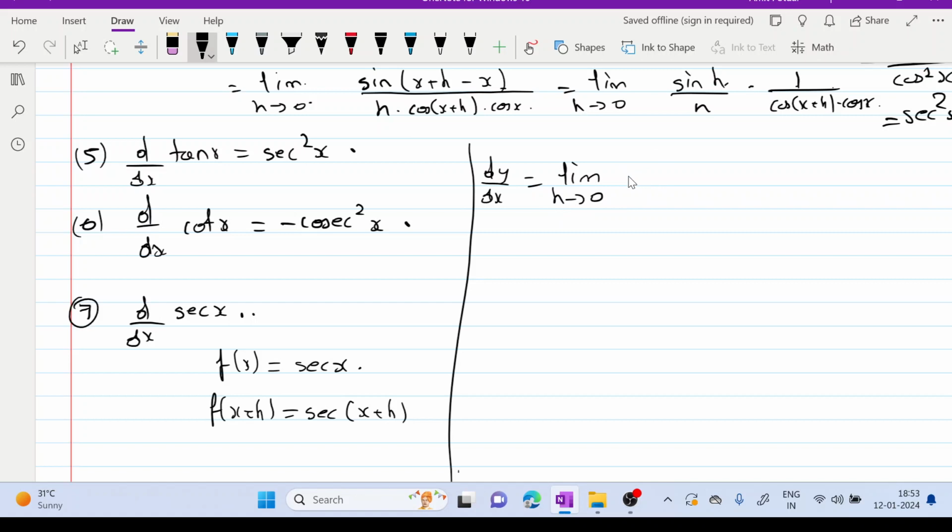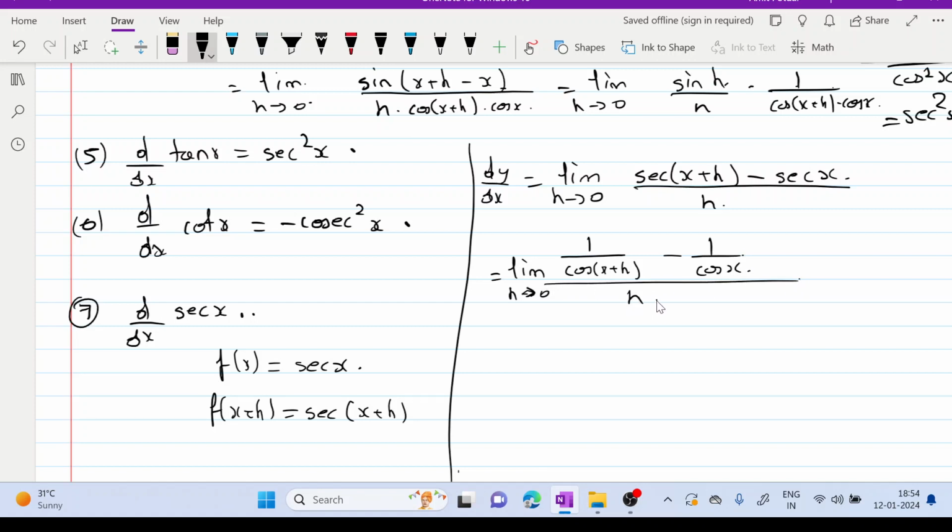So I'm writing it directly, f of x plus h, which is sec of x plus h minus sec x divided by h, which is equal to limit as h tends to 0, and this is 1 upon cos x plus h minus 1 upon cos x divided by h, which is equal to limit as h tends to 0 cos x minus cos of x plus h divided by cos of x plus h into cos x divided by h.